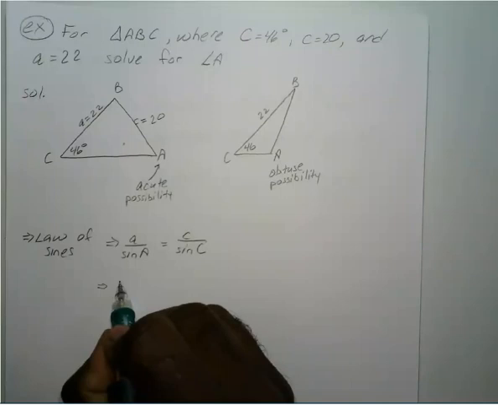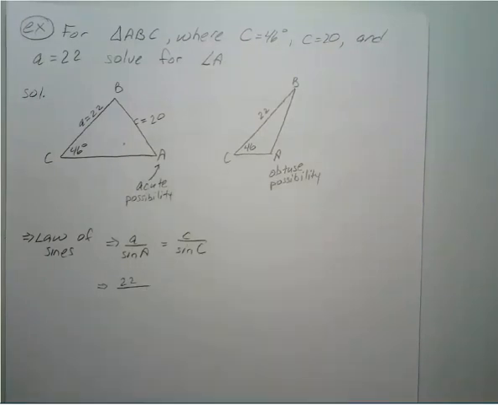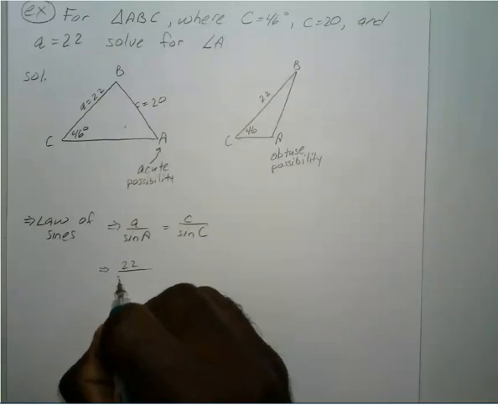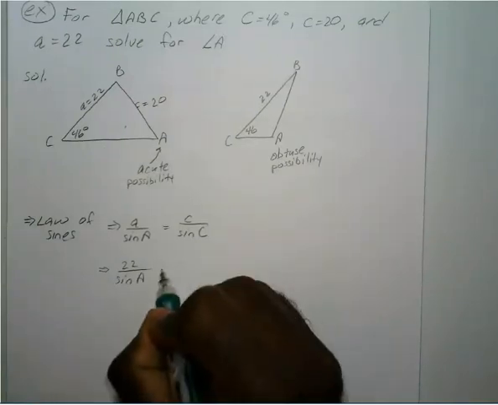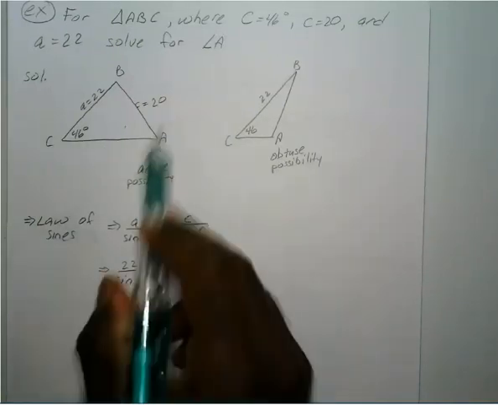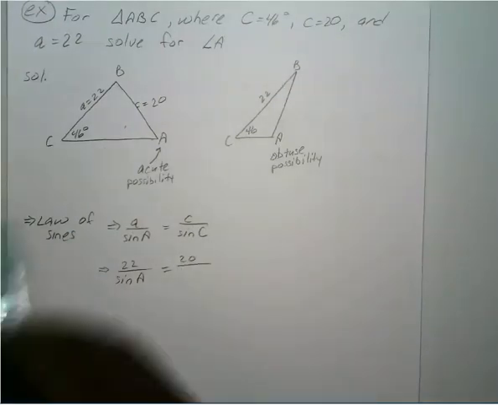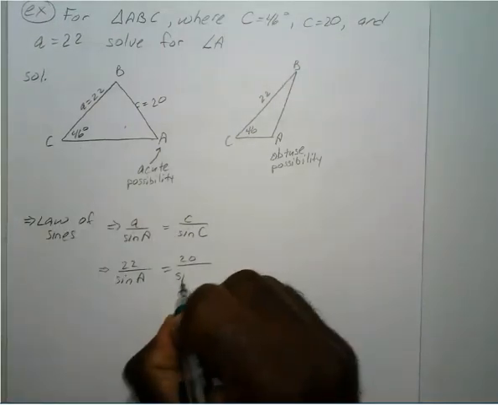So a is a length of 22, and sine of A is unknown, equals c, which is 20, over sine of 46 degrees.